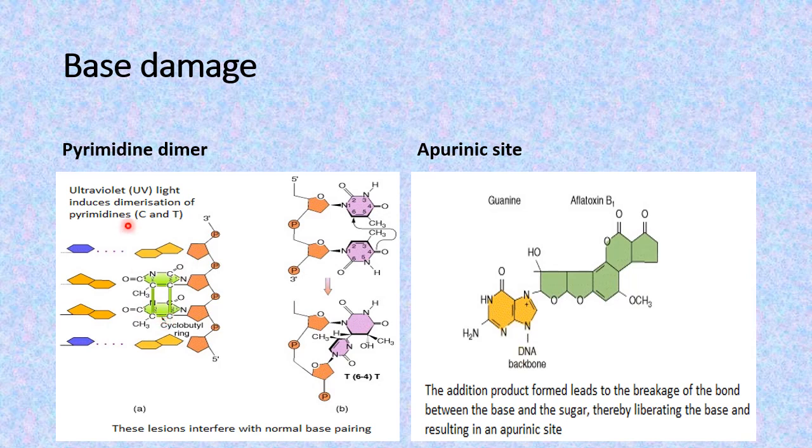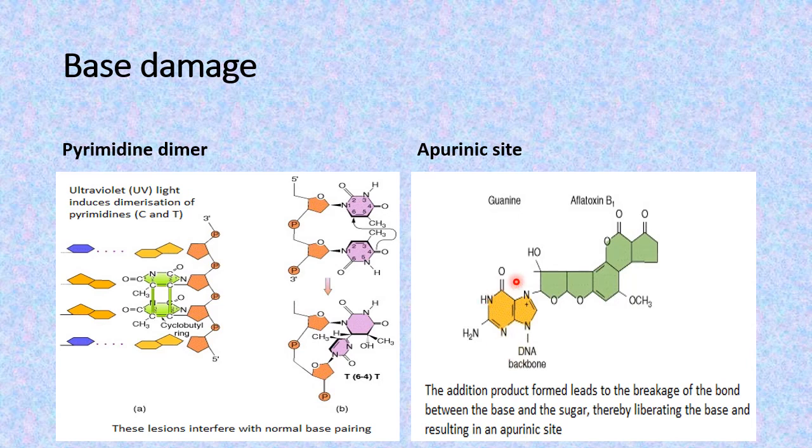For example, ultraviolet light induces dimerization of pyrimidines, both cytosine as well as thymine. This dimerization leads to lesions. It interferes with the normal replication process of the DNA, and that leads to mutation.